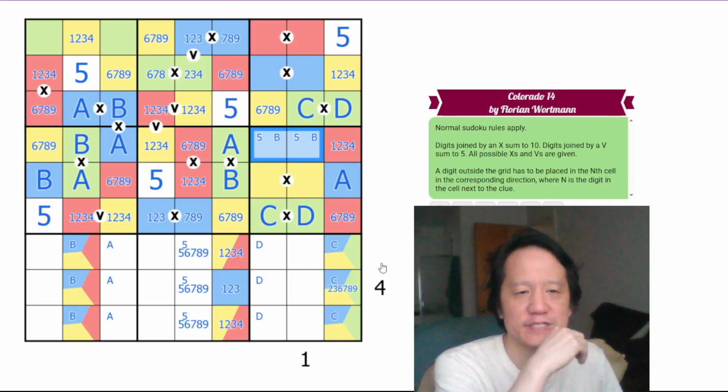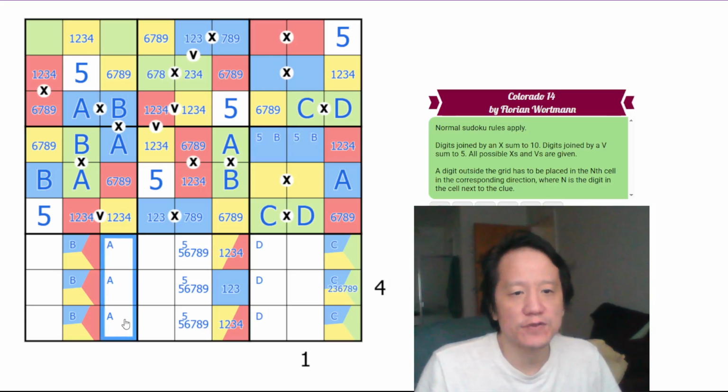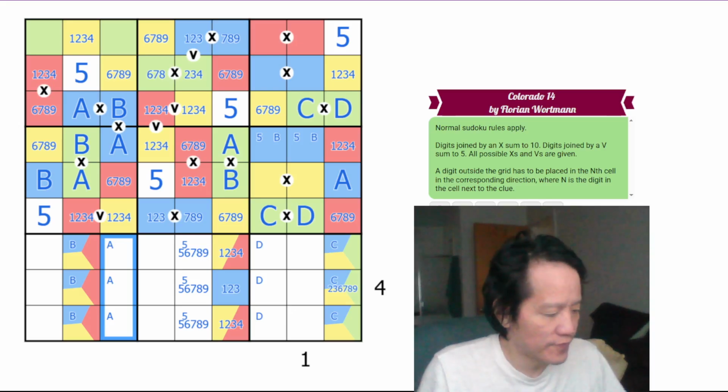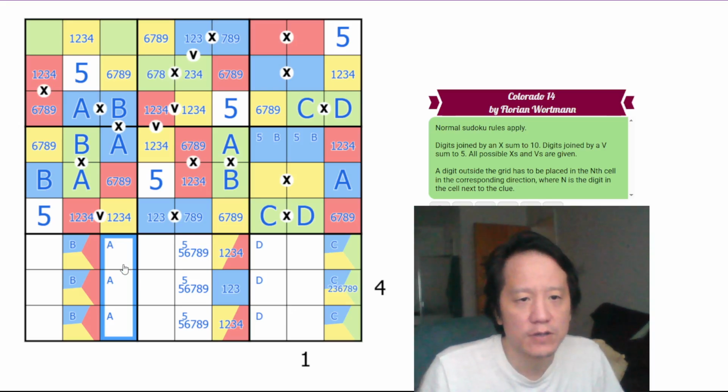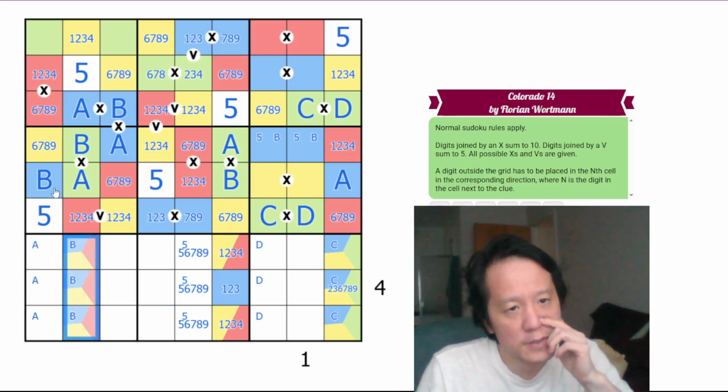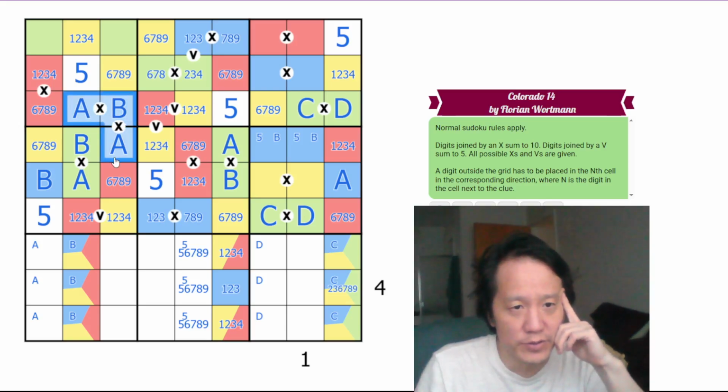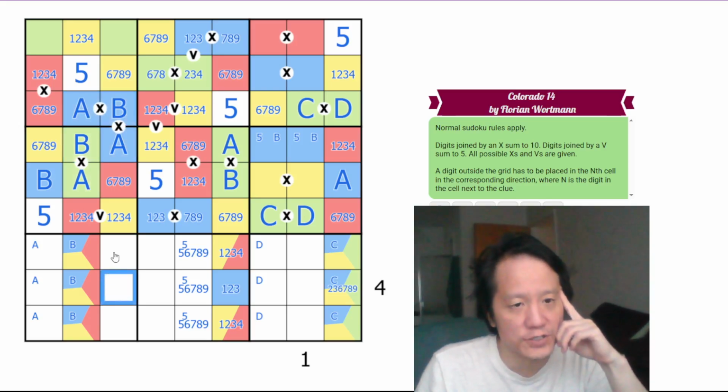Does that tell us much? I'm not sure. The rest of these is A, and we have a 5. Wait, it can't be A. This is B. This can't be A, period. A is over here, B is here. And this is for the original A and B's, not the green versions.